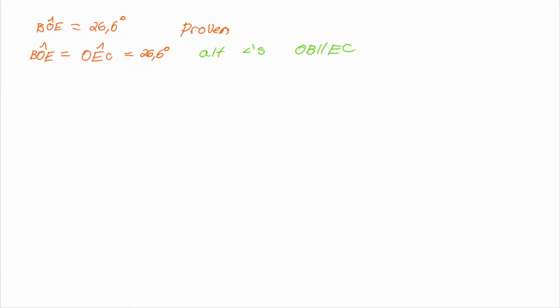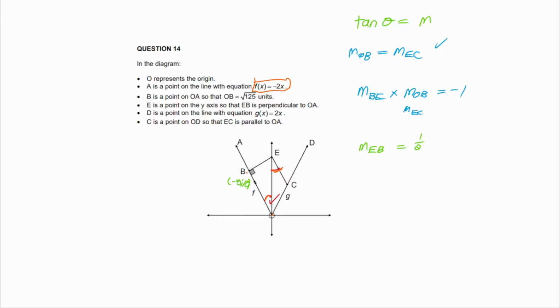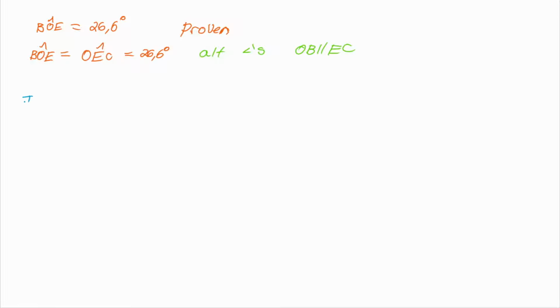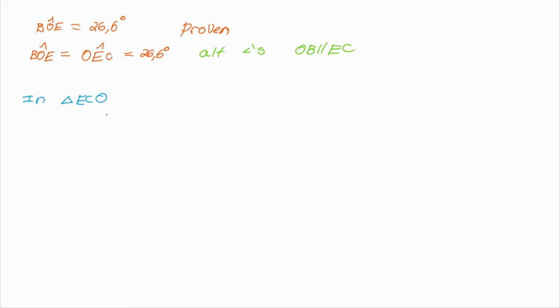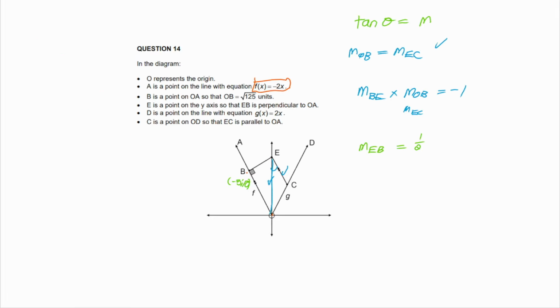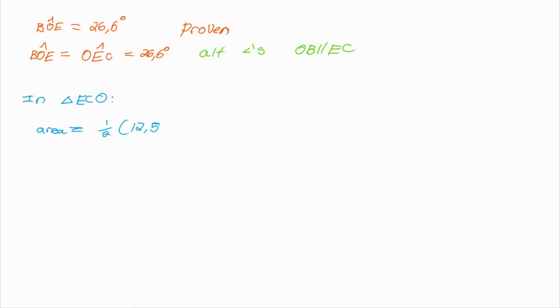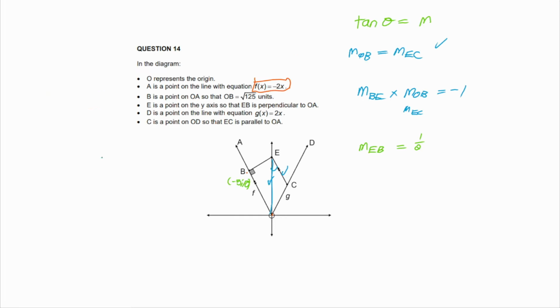Okay, perfect. So now what I can do is I can work in this triangle. I can work in triangle ECO, okay? And I have this side, I have this side, and I have this angle in the middle. So I can use my area rule. So in triangle ECO, we have that the area is equal to a half, and then this side length over here, which is 12,5, times by this side length, EC.